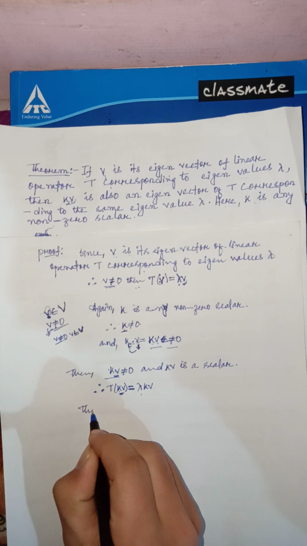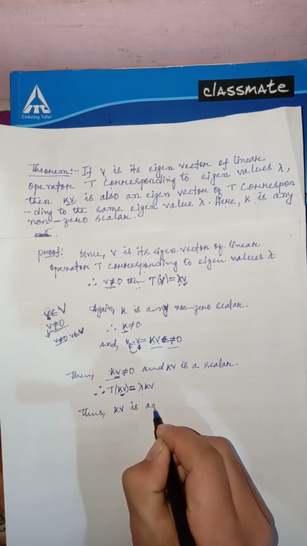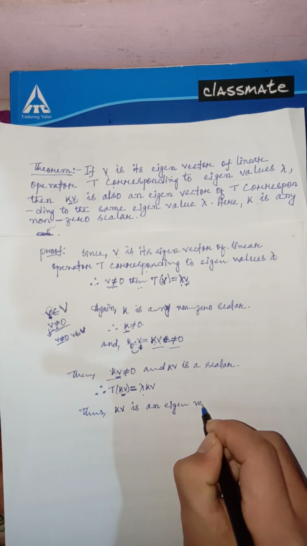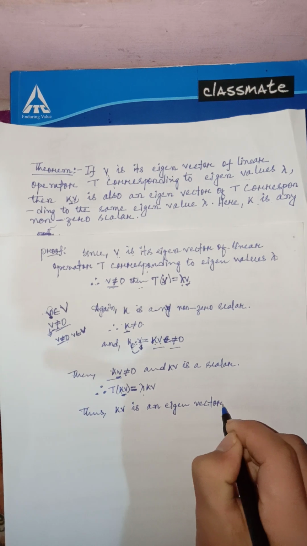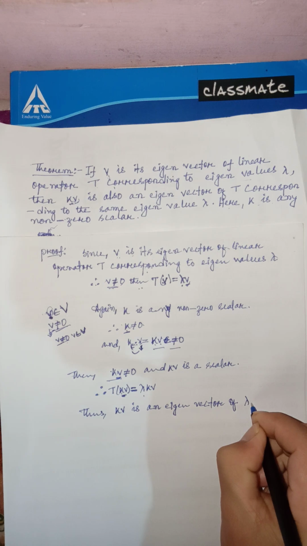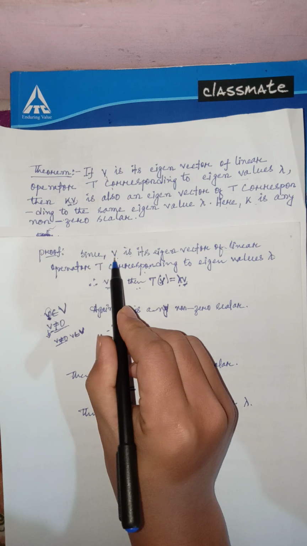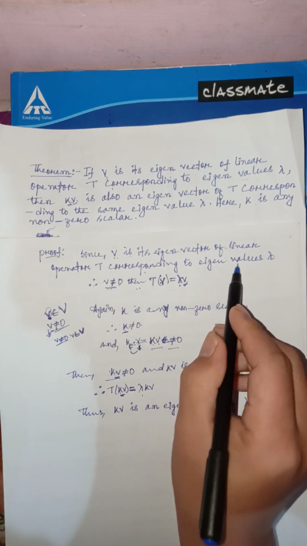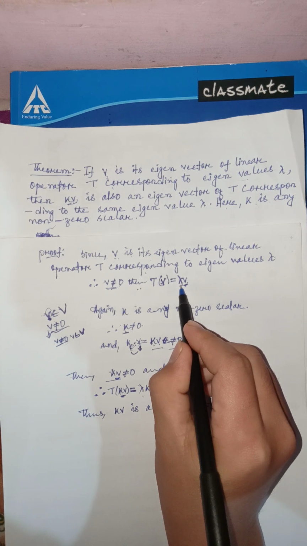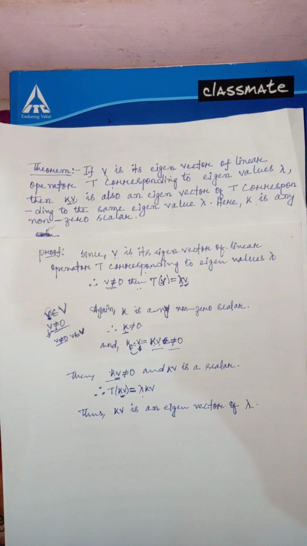Thus at last we can conclude that kv is an eigenvector of T corresponding to lambda, which is the same eigenvalue as for the eigenvector v. That is exactly what was asked in the question, so we have proved it now, right?